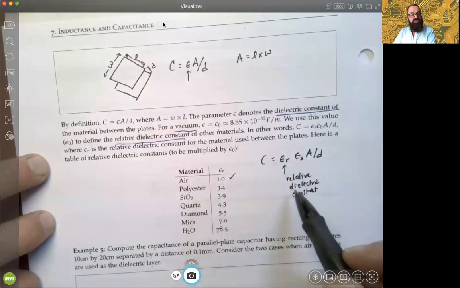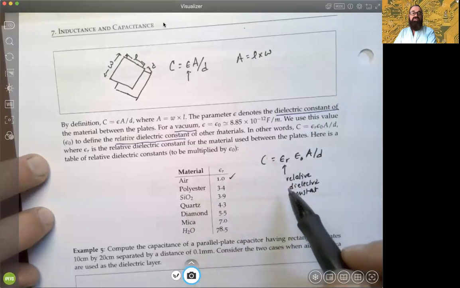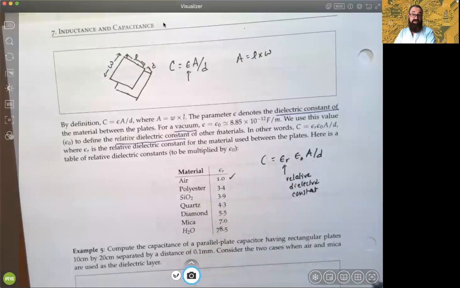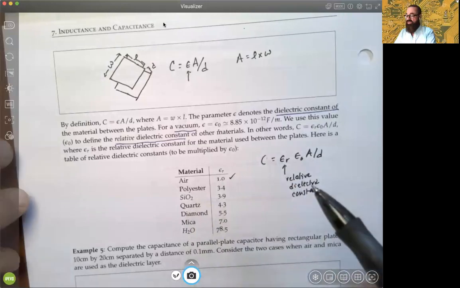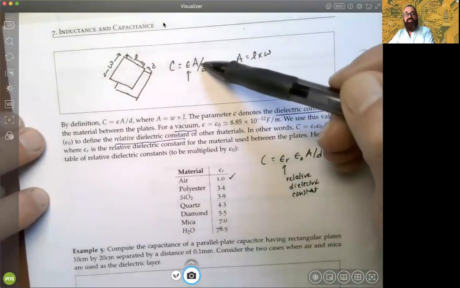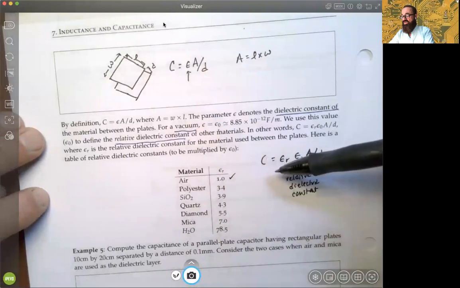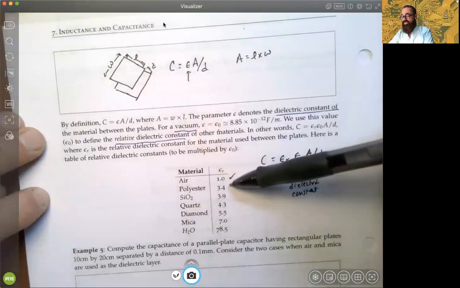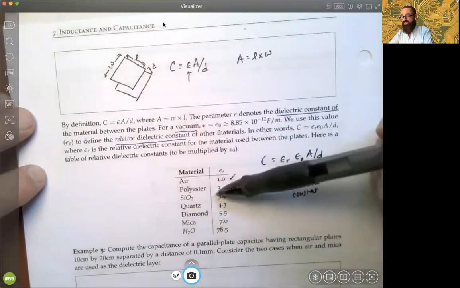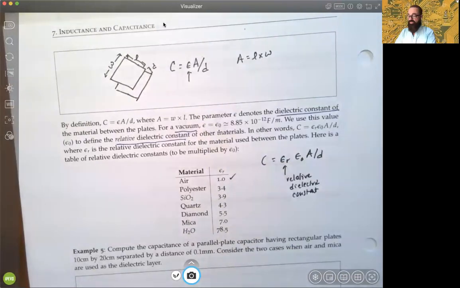Polyester has 3 times the dielectric constant, and you can see how it ranges all the way up to water, right? Water has a very large relative dielectric constant. So that just means this factor is going to be multiplied times this ratio, and so it's going to get larger and larger as you go down. The capacitance is going to increase with these materials, okay?